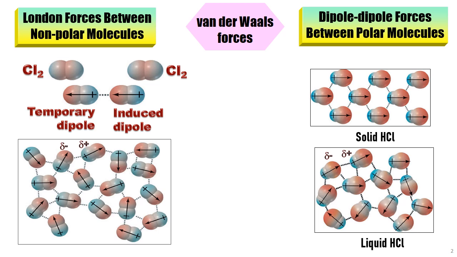Taking a close inspection of the diagram for non-polar molecules, you can see that the broken lines between the molecules are actually the attraction between opposite charges. The partial negative end of one molecule attracts the partial positive end of another neighboring molecule.